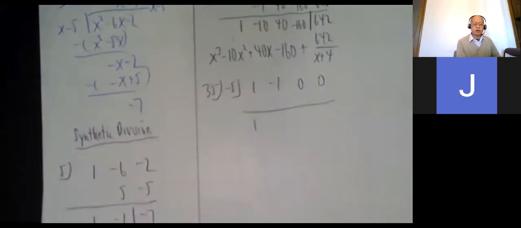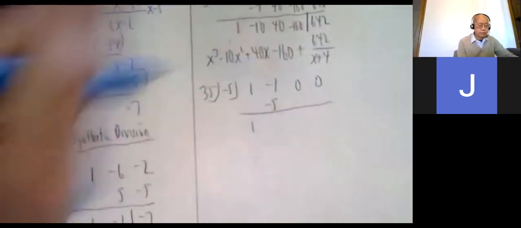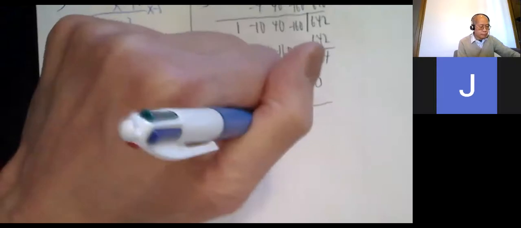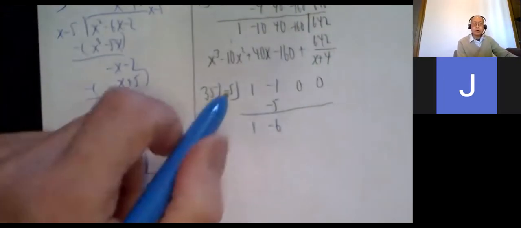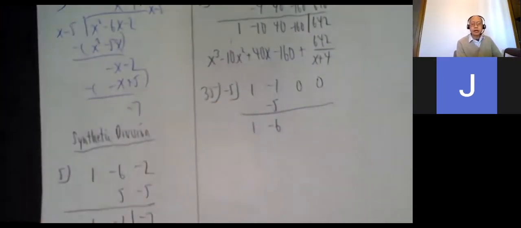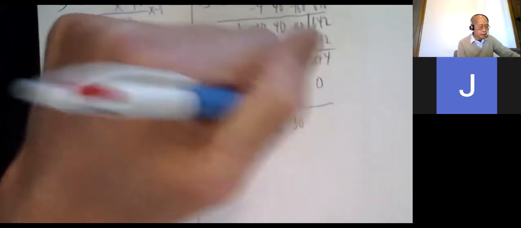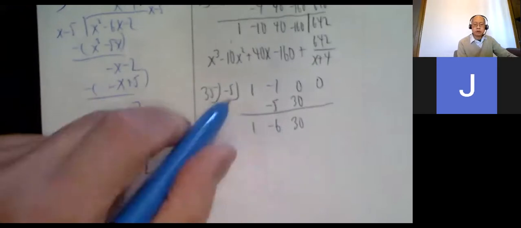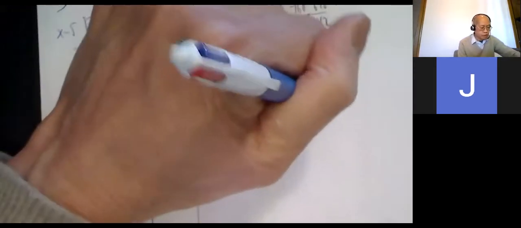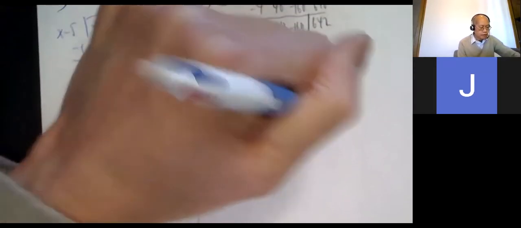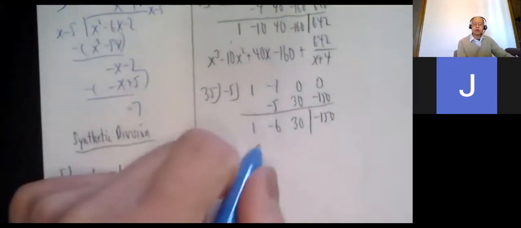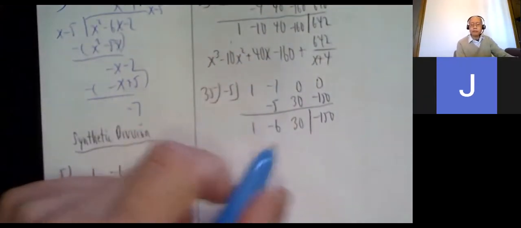Multiply, negative 5 times 1. Add. Multiply, negative 5 times negative 6 is 30. Add 30. Multiply, negative 150. Add negative 150. Quotient, remainder.